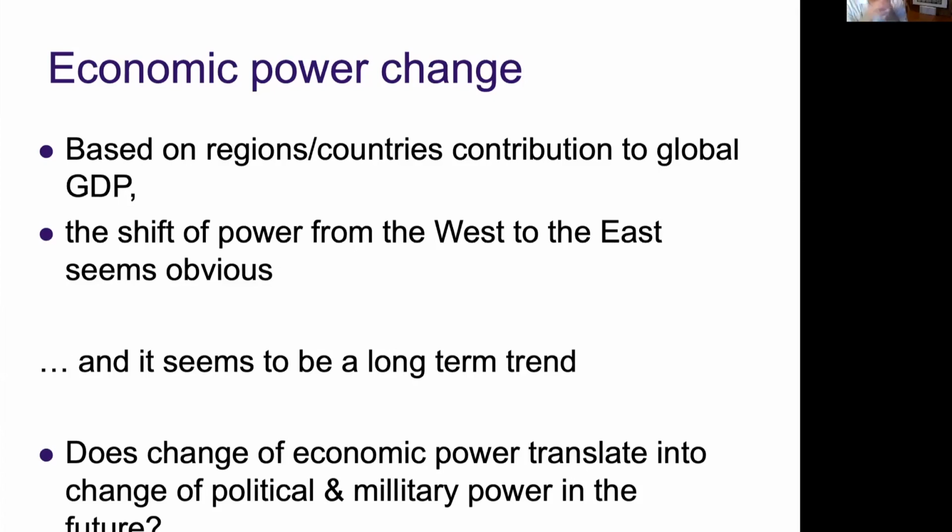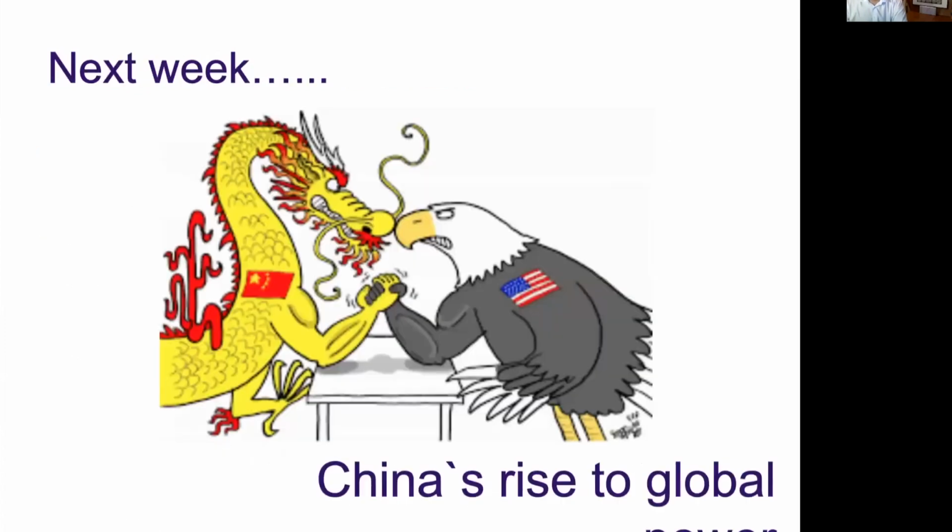Or if we should see these as separate entities, that political power and military power on the one side and economic power are not necessarily connected directly, and therefore on the political sphere we will not see the same kind of shifts we have seen in the last 50 years on the economic side.